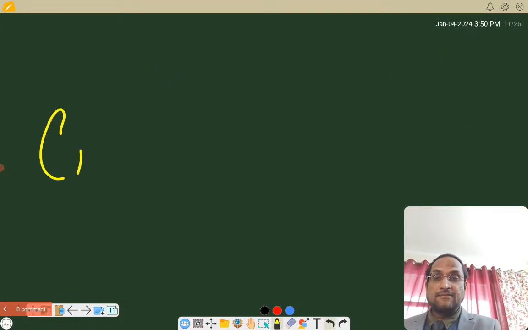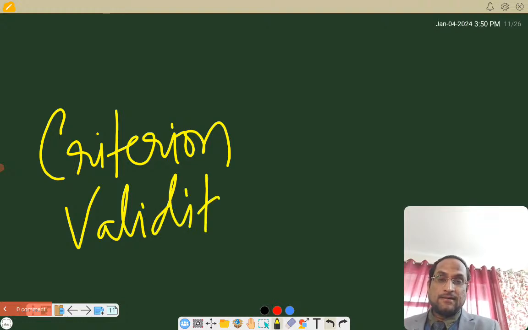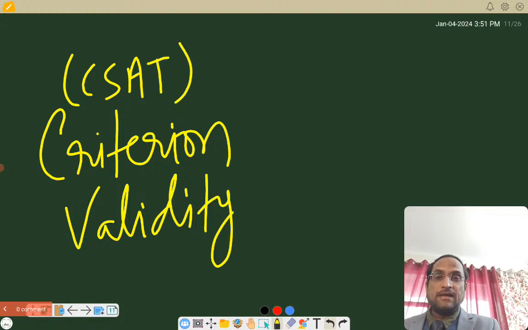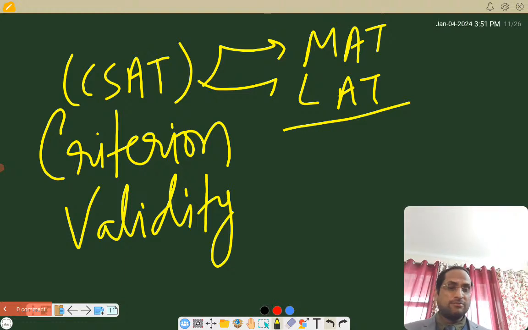Under the criterion related validity, the test should correlate with the available tests which measure similar constructs. So the CSAT, if we talk about CSAT, it correlates highly with the tests available which are management aptitude test or leadership aptitude test. These two types of tests it should be correlating highly with.